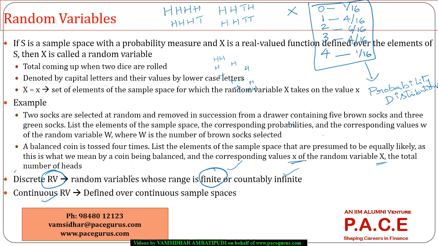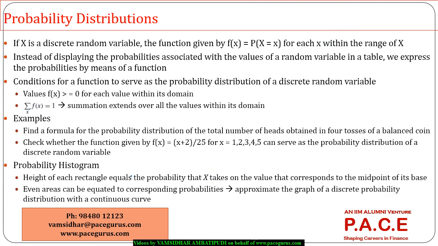Lots of probability-related calculations depend heavily on the understanding of the random variables itself. Once we have a basic hold on random variables, then we will be moving on to our next topic, where we would spend some time understanding probability distribution.